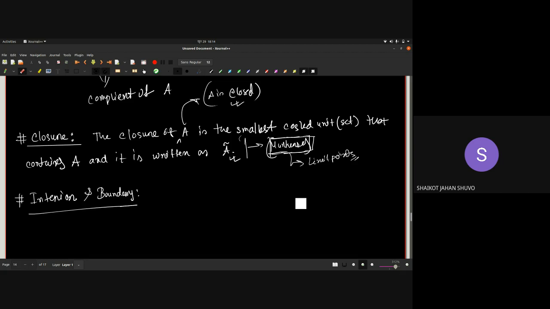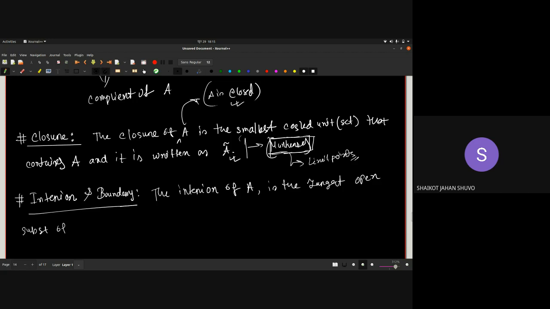The interior of some closed set A is the largest open subset of A. People write it as A to the power 0 or something, similar to the angstrom symbol, but this is the definition: the largest open subset.